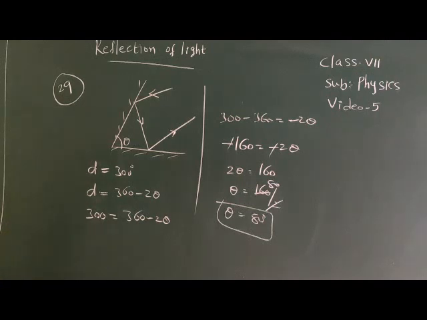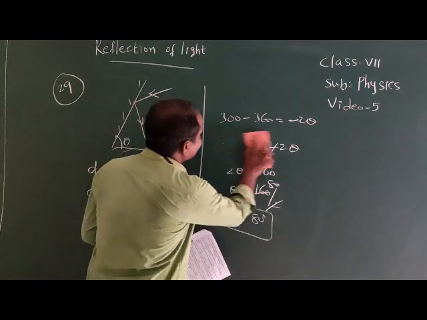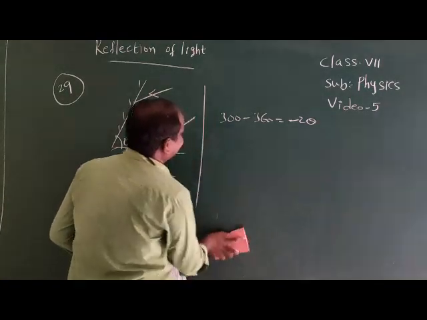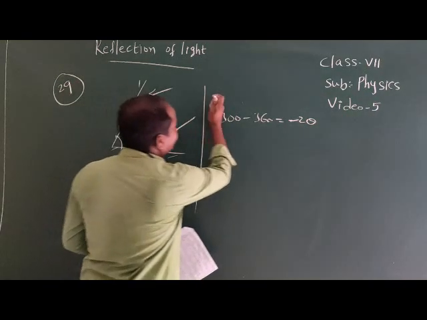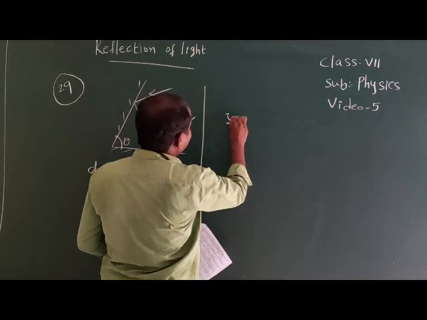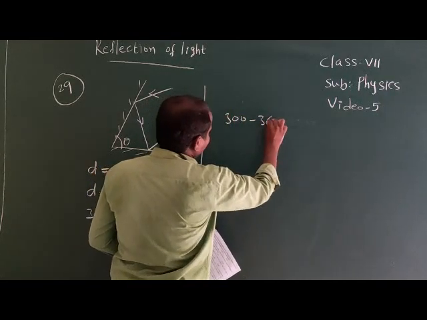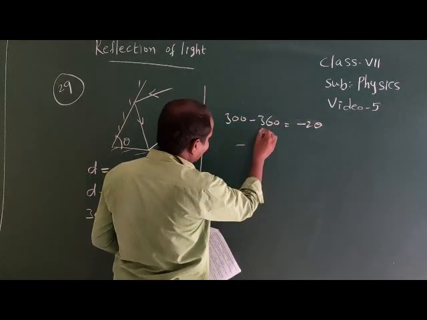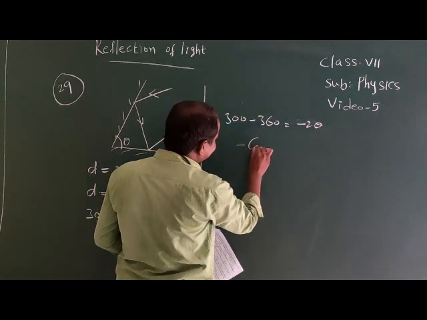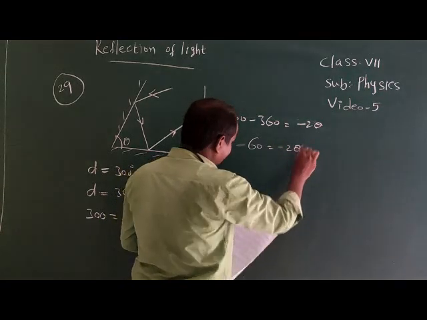Sorry, here 300 minus 360, how much? 60. That equals minus 2 theta, that equals minus 60.